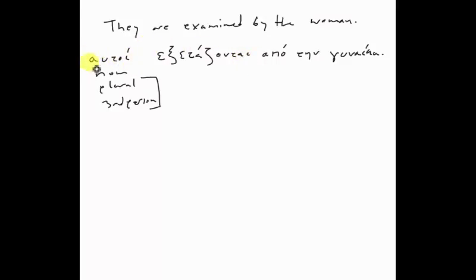So, αυτοί is a nominative plural, third person plural pronoun. Εξετάζονται has to agree in person and in number with this pronoun, which it does. This is a third person plural ending, and it's in the passive. So if we want to explicitly say what our doer is, which we don't need to, we can just say they're examined.